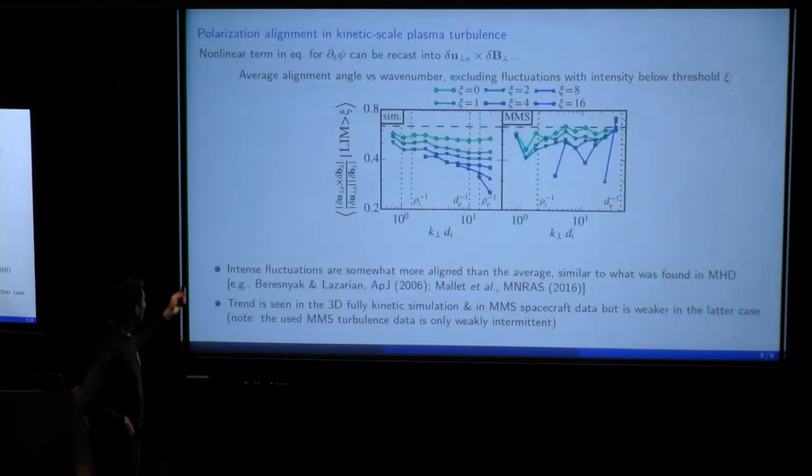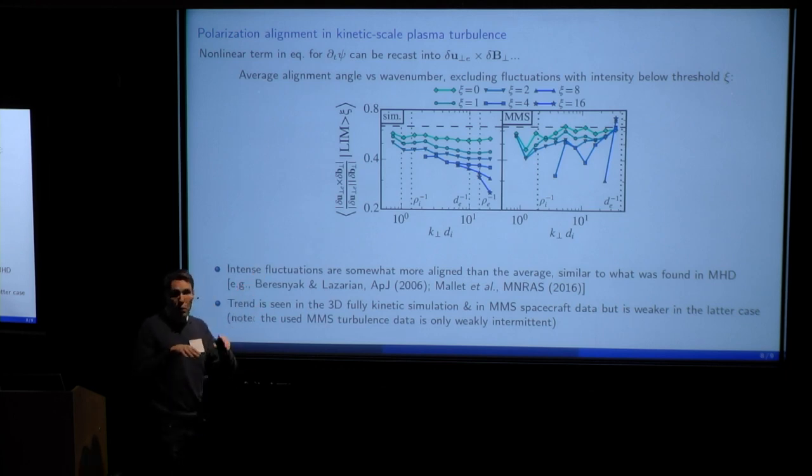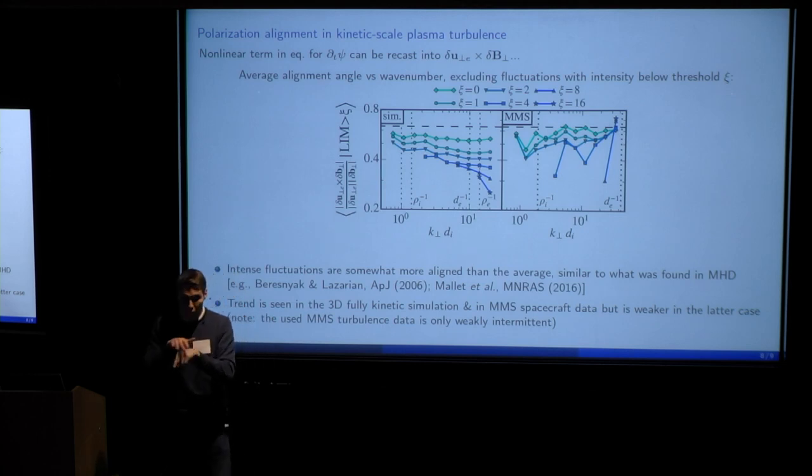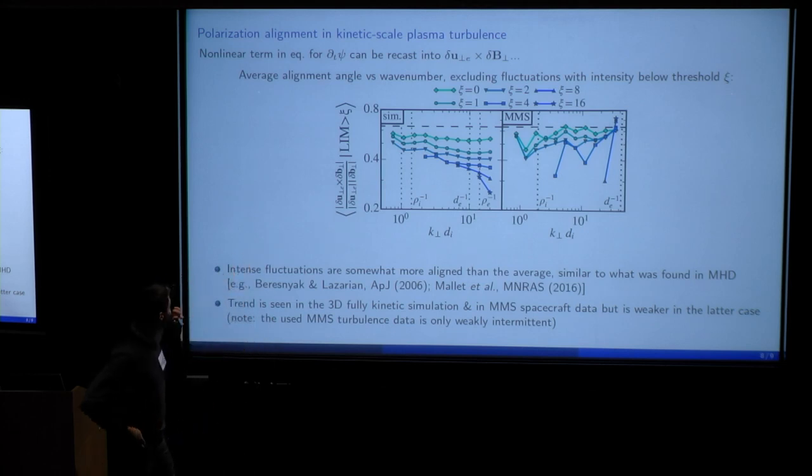This term can be rewritten as a cross product of the perpendicular electron fluid velocity and perpendicular magnetic field. So we compute this term, and then, similar to some of the previous plots, we take conditional averages of this term over regions where the spectral energy density is high.